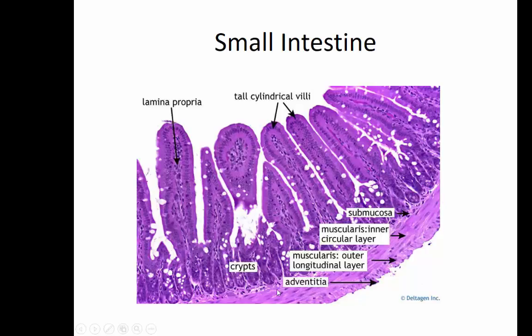And then deeper down below the villi, we see the smooth muscle of the small intestine, again, which is going to help bring that food through the digestive tract via peristalsis. So this is the smooth muscle layer, and these are the villi. And what are the white structures? Yeah, goblet cells that secrete mucus.